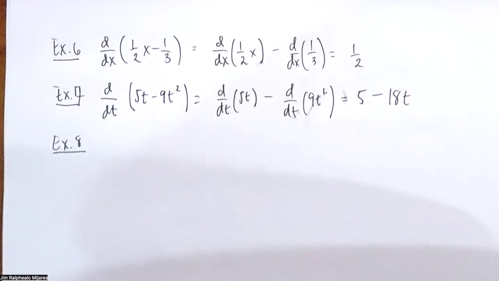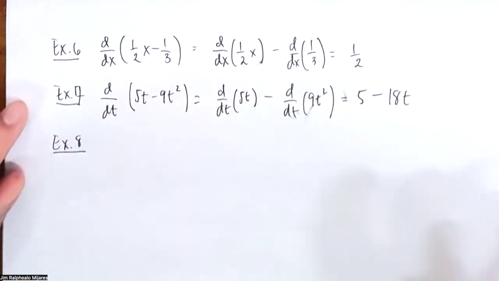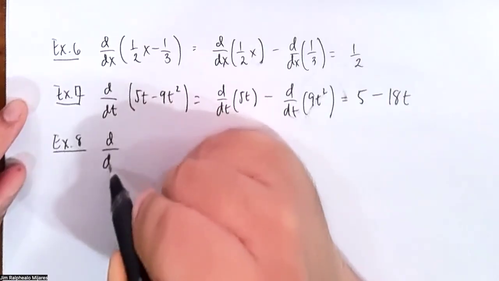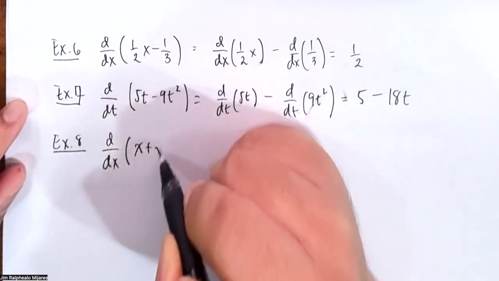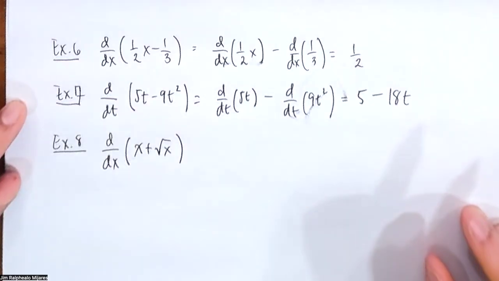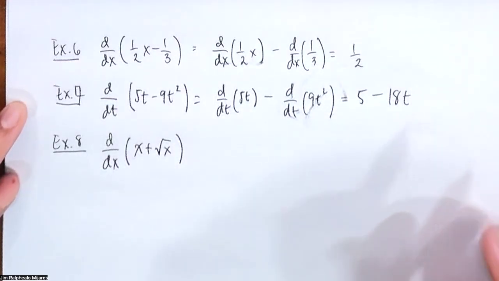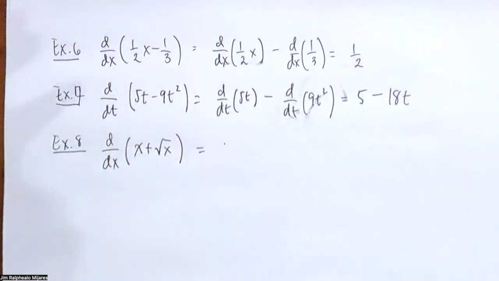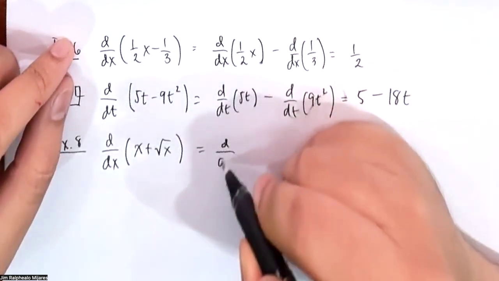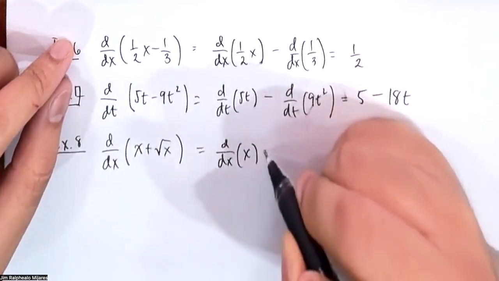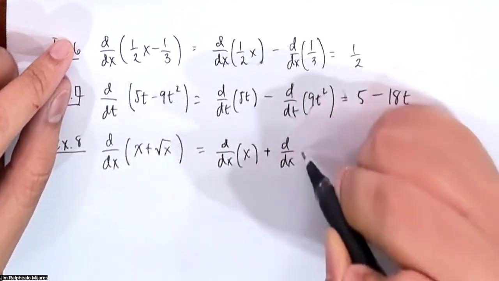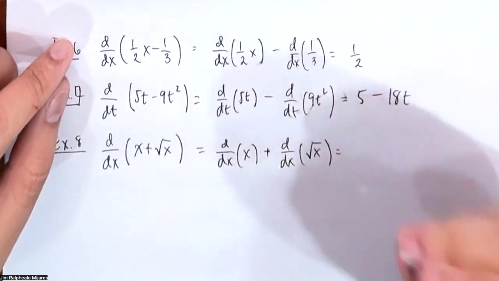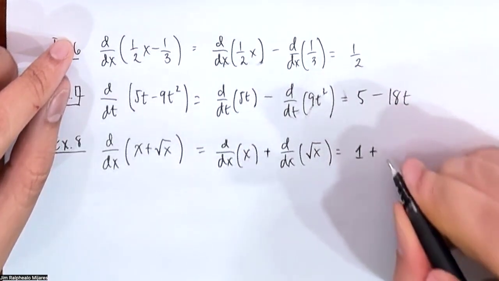The derivative of x plus square root of x. Again, okay. Ideally, you're pausing once I say the item. The derivative of square root of x is equal to 1 plus.